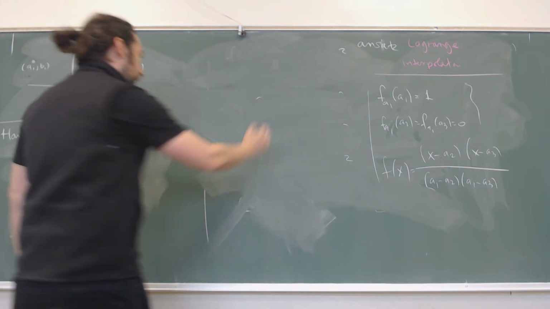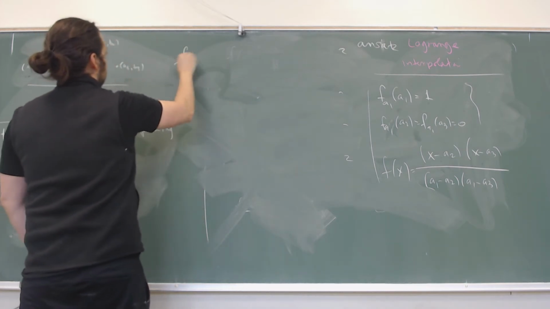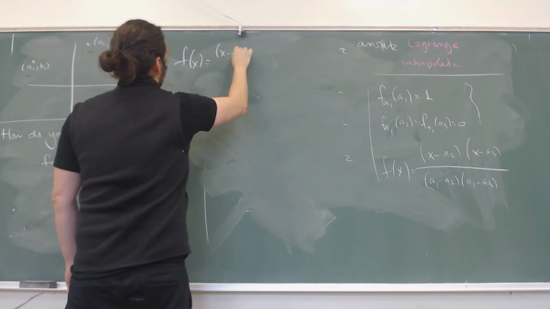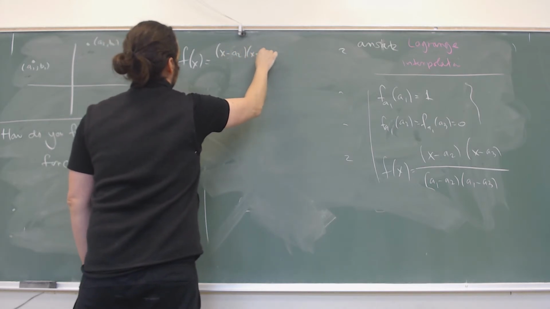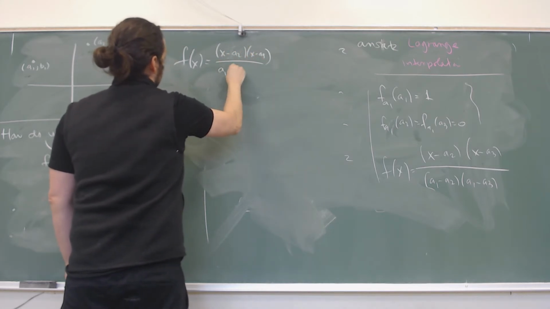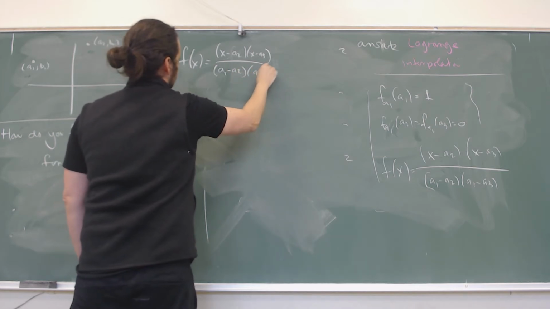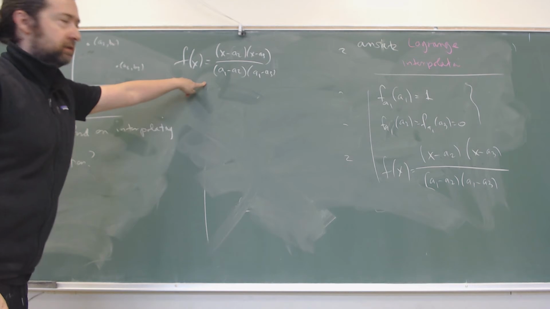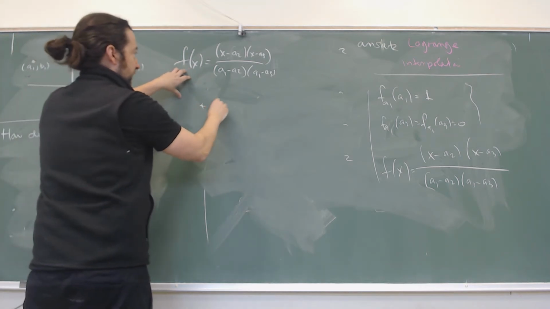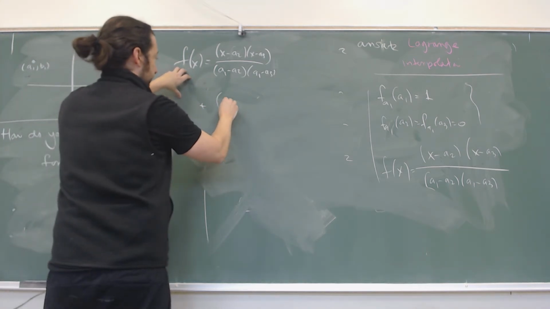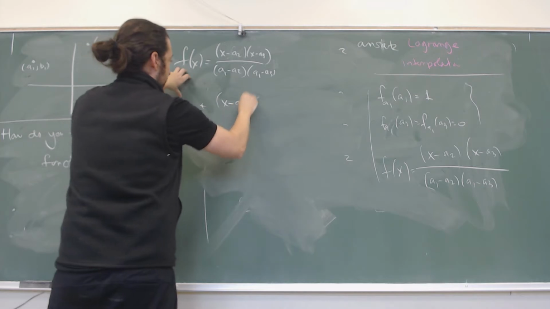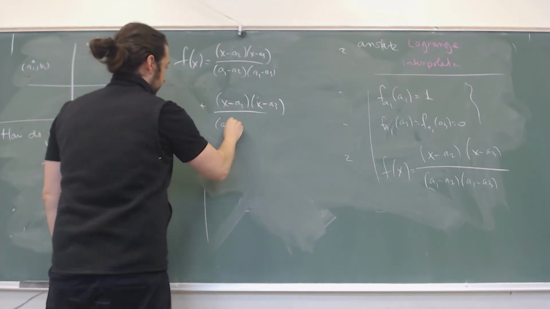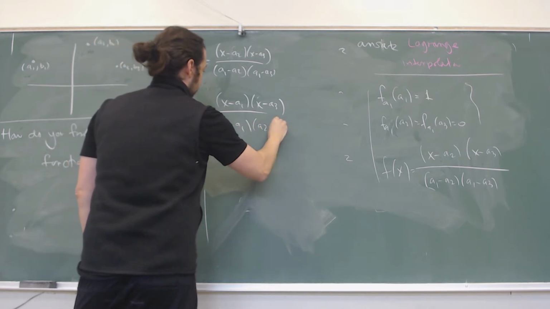I've got a standard form that says the function that should do this is f of x is equal to (x minus a2)(x minus a3) over (a1 minus a2)(a1 minus a3). Okay, that does the first part. This turns a1 into 1, plus, don't worry, we're going to adjust it in a second, (x minus a1)(x minus a3) over (a2 minus a1)(a2 minus a3).